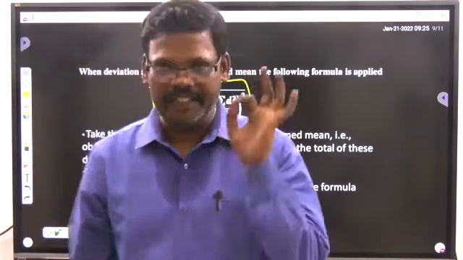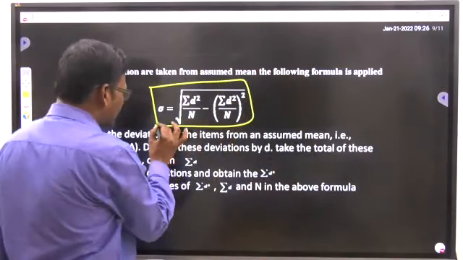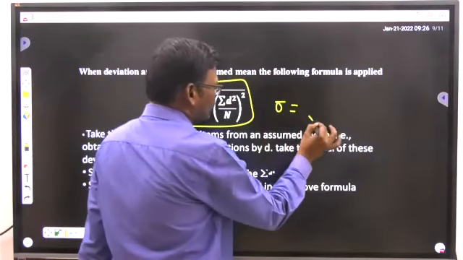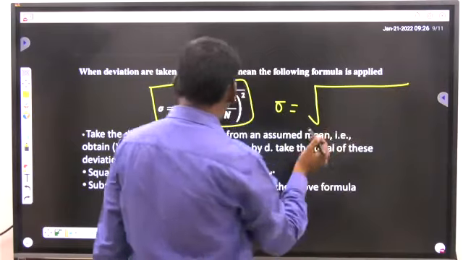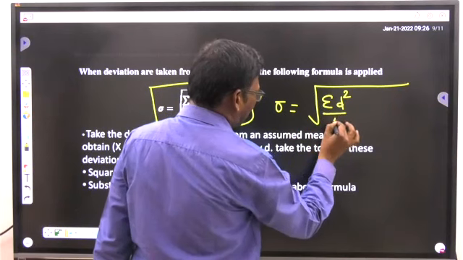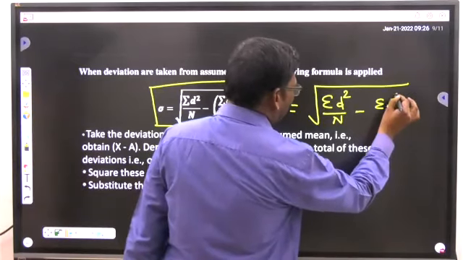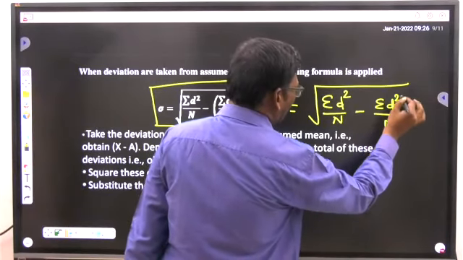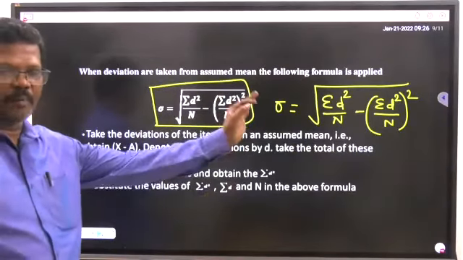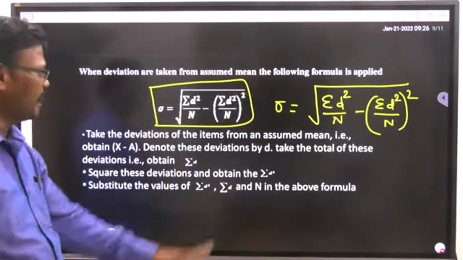Sigma is equal to the square root of sigma d square by n minus sigma d by n whole square. This is the formula to estimate the standard deviation. Finally, please remember this formula.